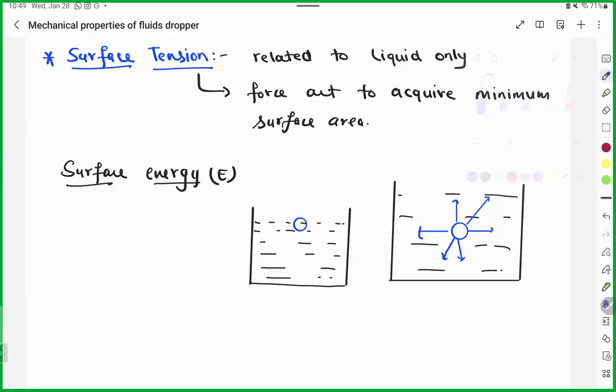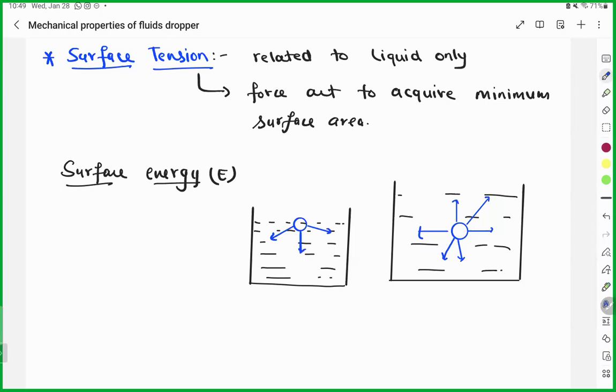Here you will feel more movement of this molecule in the downward direction because there is no net upward force. Make sense, guys? Okay. So here you will see a lot of attraction in the downward direction.